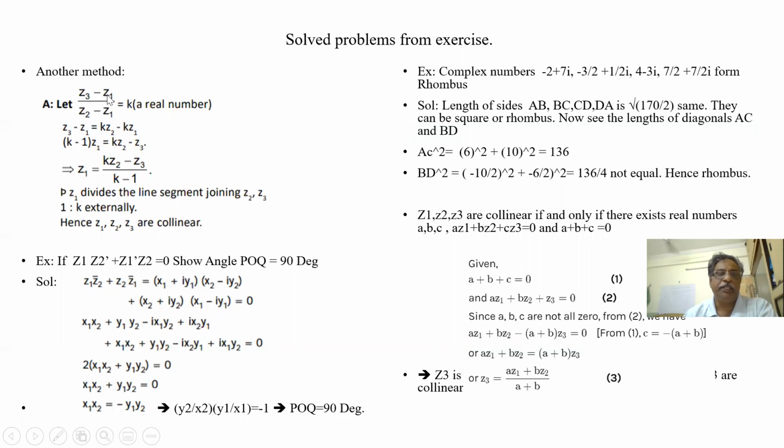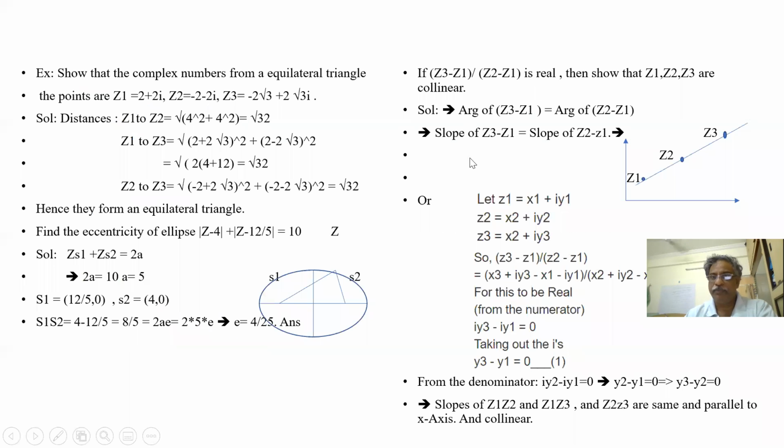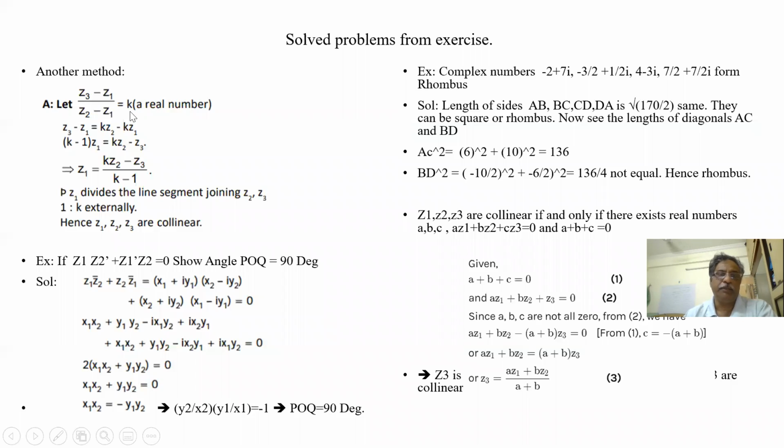Let (Z3 minus Z1) by (Z2 minus Z1) be K, because it is a real number, there is no imaginary portion in this. K is given. So let us put a constant real number K. When I am simplifying this, what I am getting, Z1 is equal to (K Z2 minus Z3) by (K minus 1).